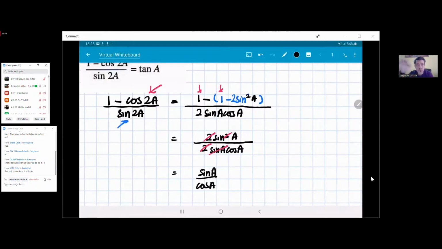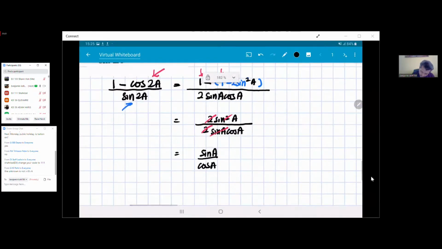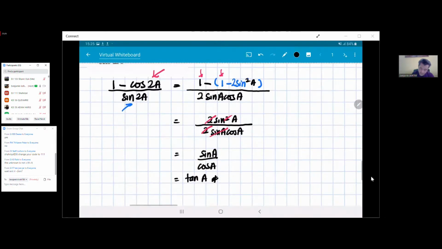Some formulas you have to memorize, like sine A over cos A, because the formula is not given. Sine A over cos A equals tangent A, so it's then proven.